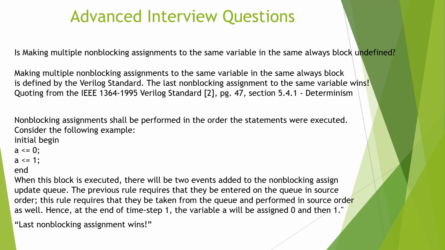The previous rule requires that they be entered on the queue in source order. This rule requires that they be taken from the queue and performed in the source order as well. Hence, at the end of time step 1, the variable a will be assigned 0 and then 1. So the last non-blocking assignment wins.